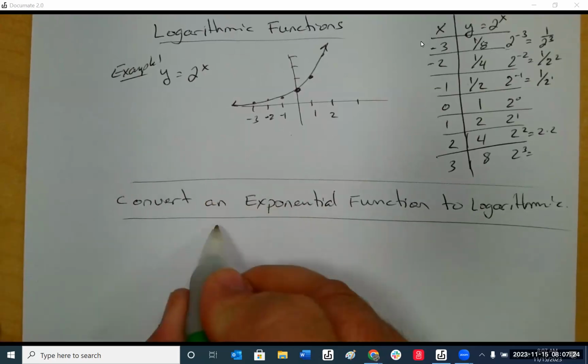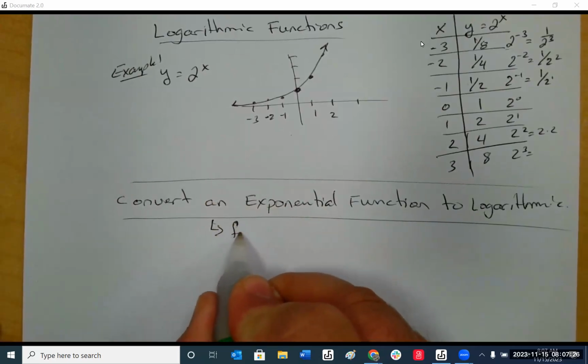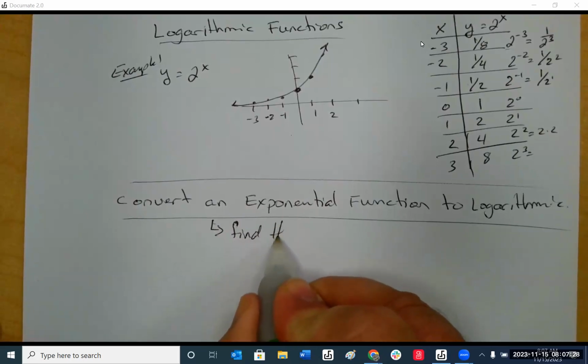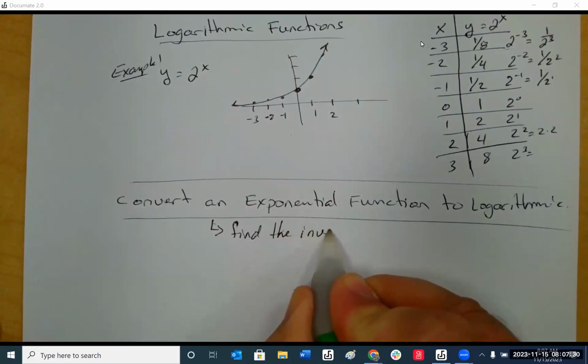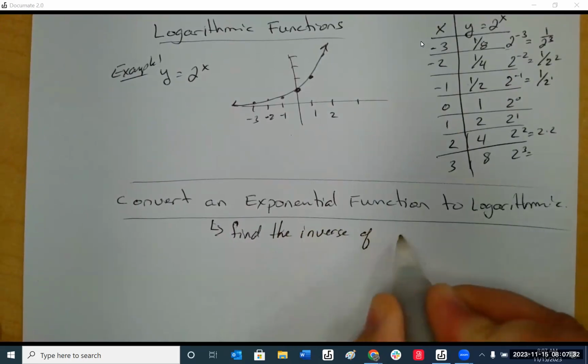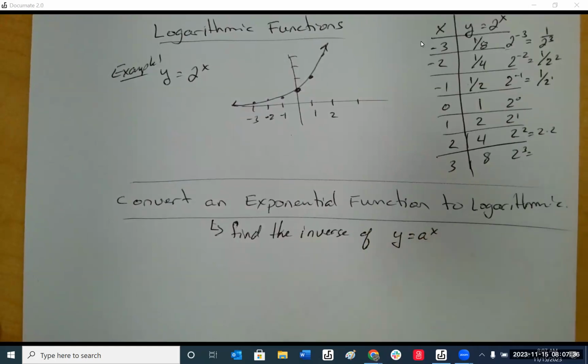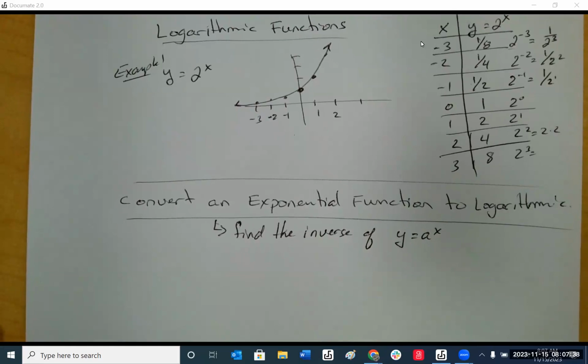Basically, we're finding the inverse of y equals a to the x.